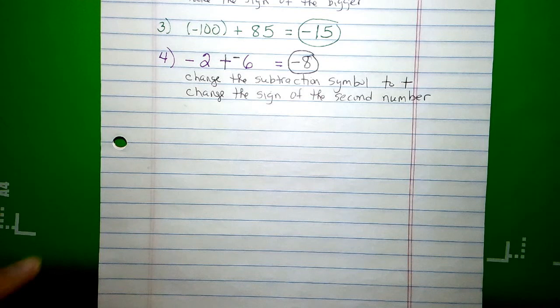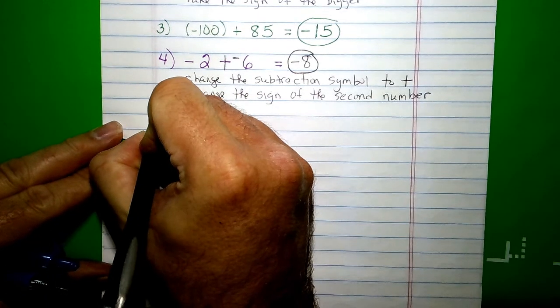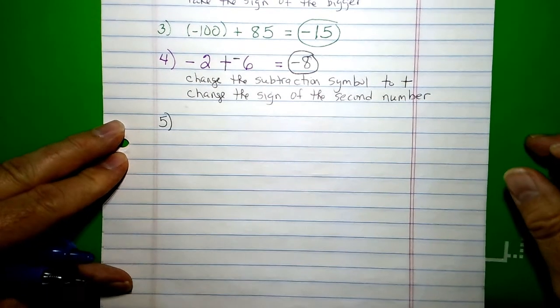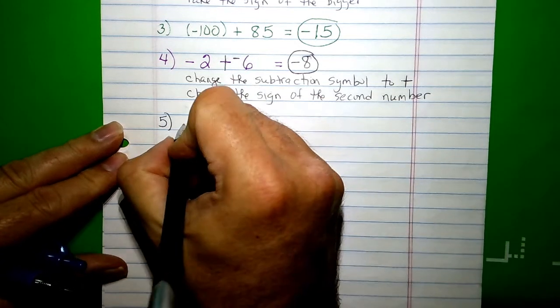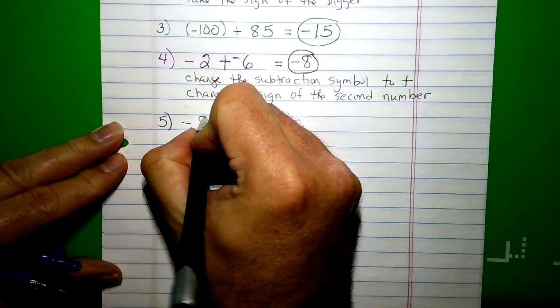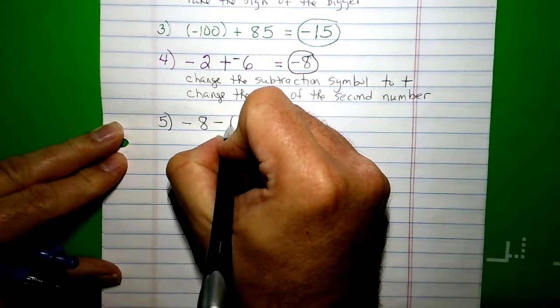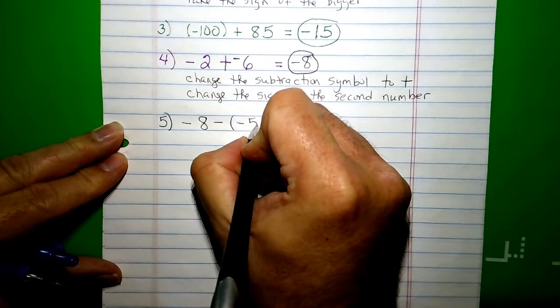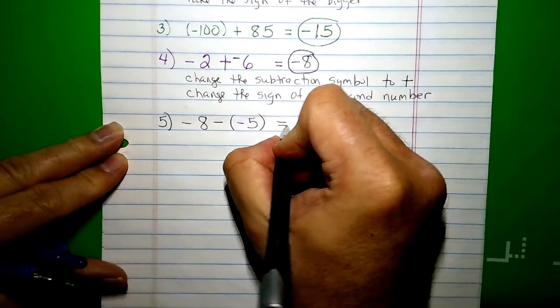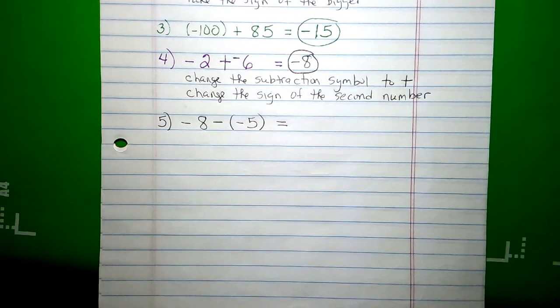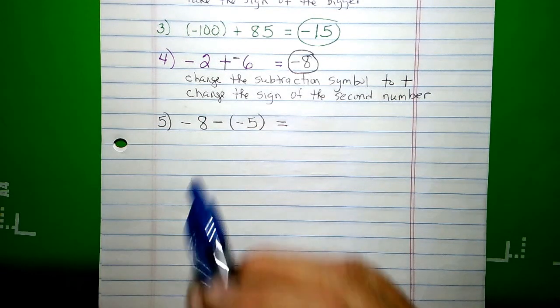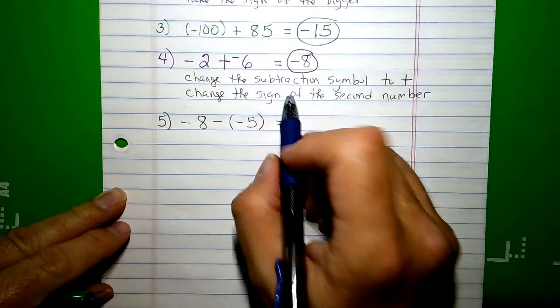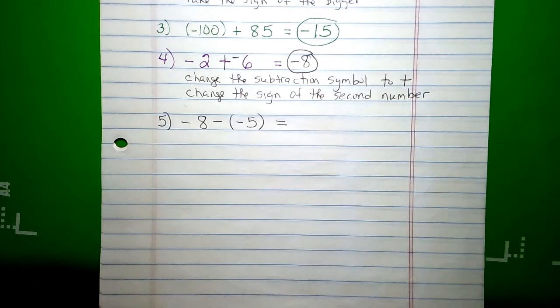Okay, so let's do another subtraction problem. How about this one? Negative 8 minus a negative 5. In order to subtract signed numbers, change the subtraction symbol to a plus.